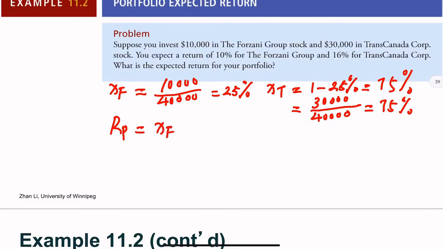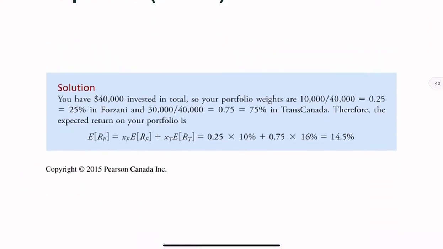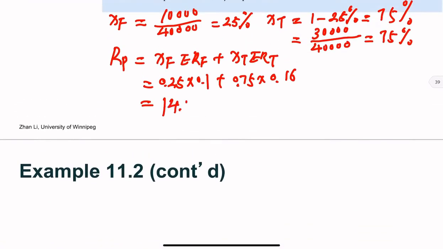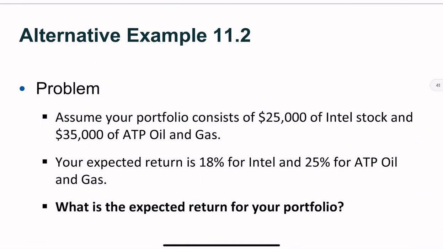So it equals the weight times the expected return of the Forzani stock plus the weight of TransCanada times the expected return of TransCanada stock. So this gives us 25% times 10% plus 75% times 16%. So this gives us a result of 14.5%. Pretty simple, right?